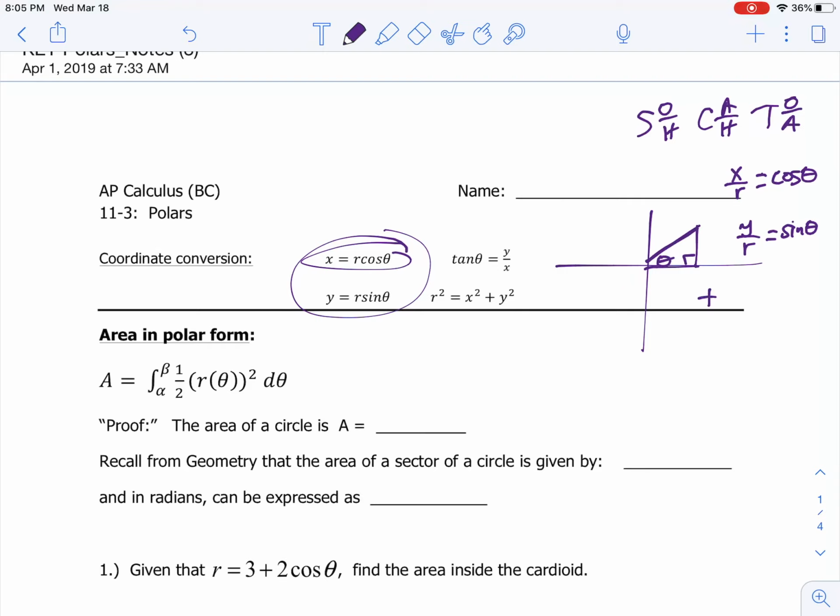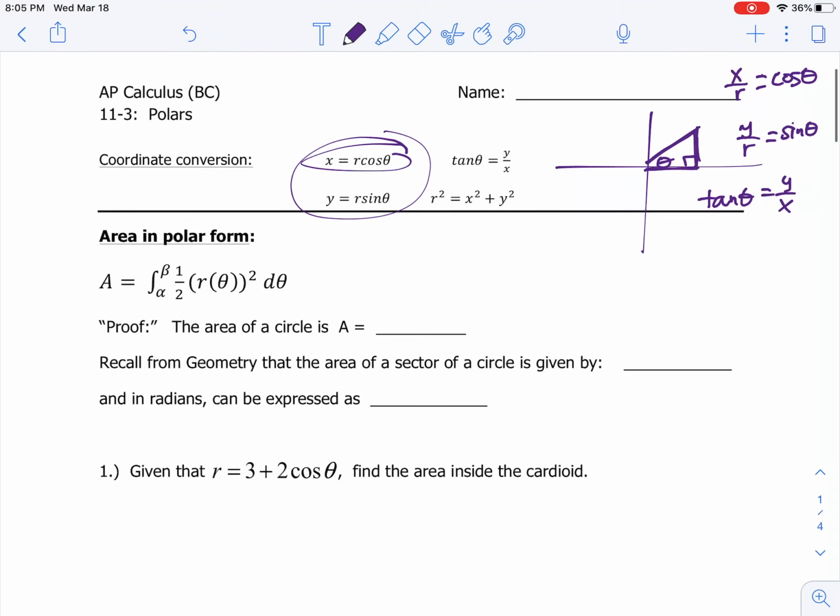You can also say that the tangent of theta is y over x, the opposite over the adjacent. So that really gives you all the coordinate conversions there, and this is a special case of parametrics.